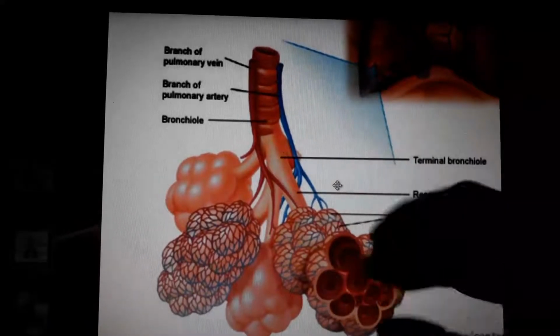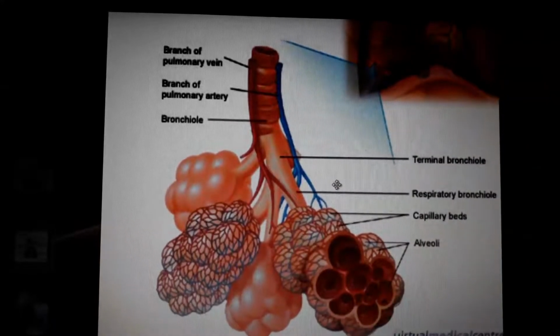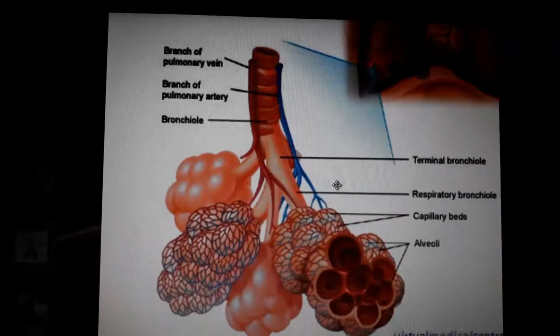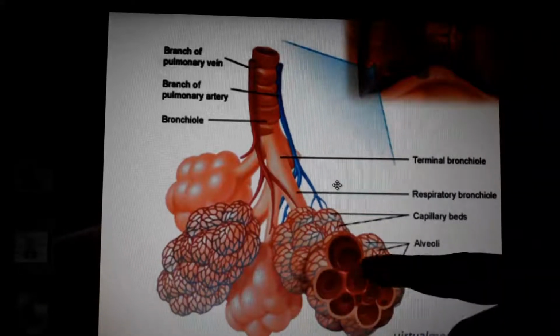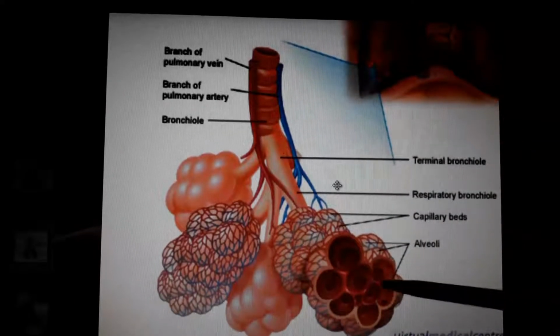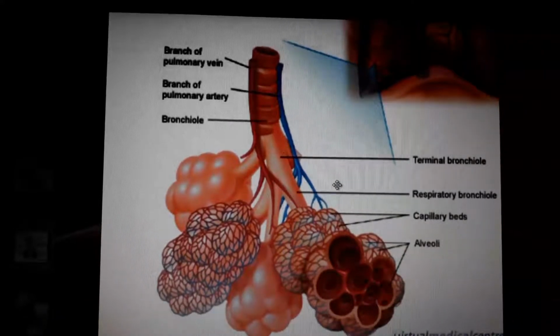So it is folded into small, round structures so that maximum air is absorbed. 80 square meters means, have you seen my board? My board is only 1 square meter. Like that, 80 boards. If we keep 80 boards on the ground, that much is the surface area of our entire alveoli. Just imagine how big it is. So it is folded into very small round structures, that is alveoli, and in the alveoli the absorption of oxygen and the release of carbon dioxide are happening.